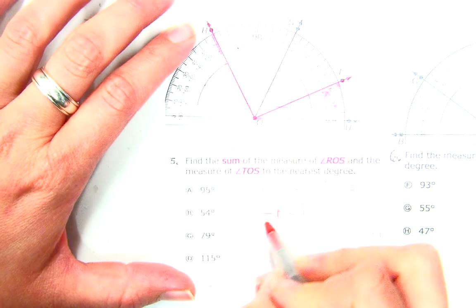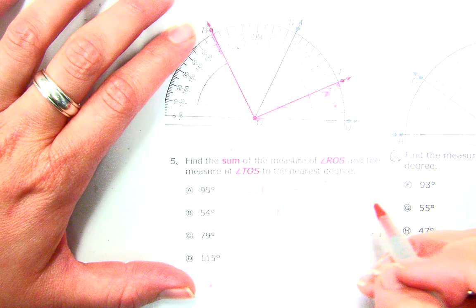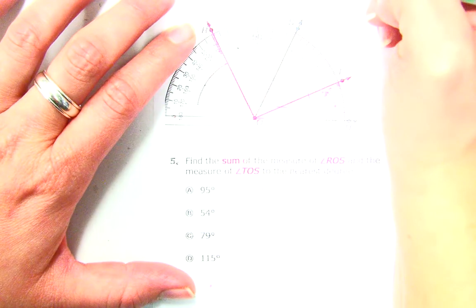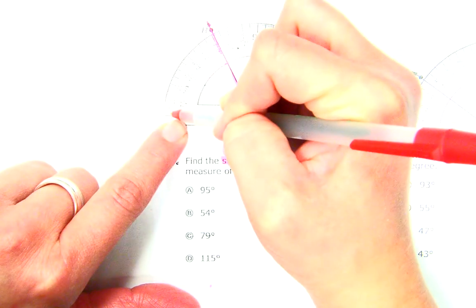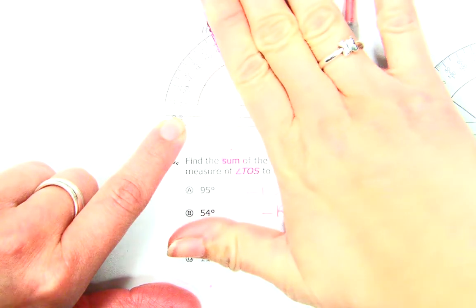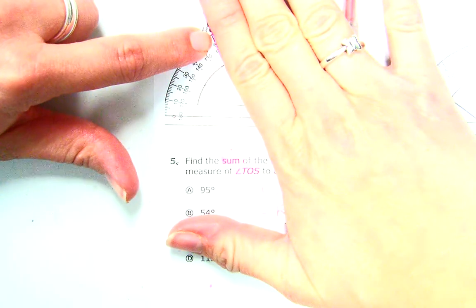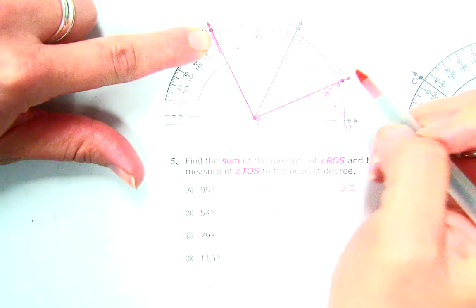So really the question is just asking you, what's the angle measure for ROT? So here's what we're going to look at. If you start from 0 all the way to where this angle is, you can use that top number, and it's a little bit past 60. So I'm going to put a T for 61. So I can use my top number.